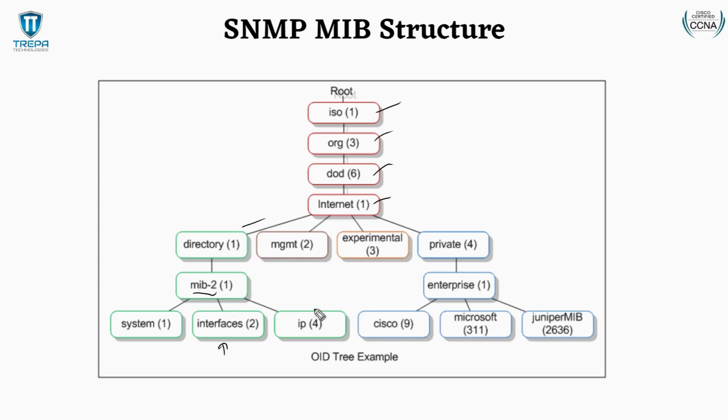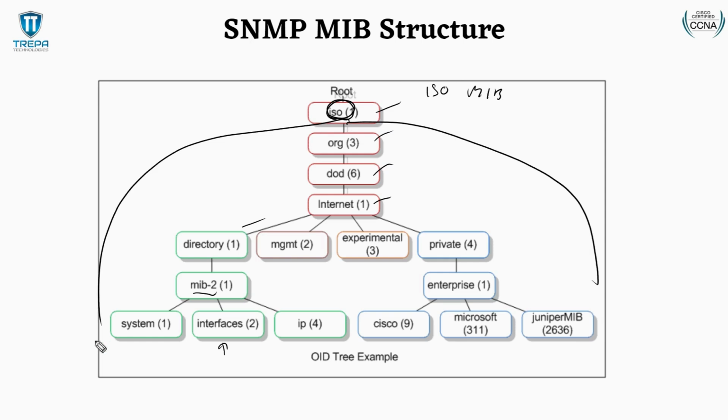What this is trying to say is that if you have an ISO MIB, meaning you're able to view the entire structure or folder of ISO, that means you have access to pretty much every OID in existence, or every OID that's under this ISO MIB. Now, let's say you just wanted to pull information based off MIB2.